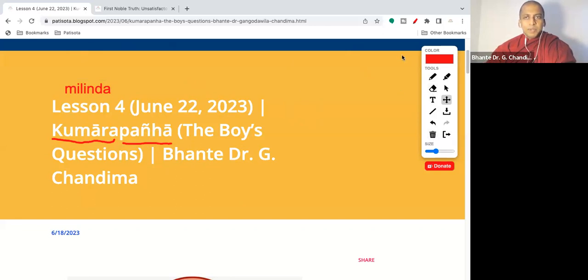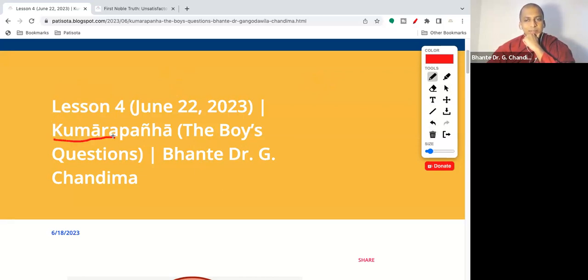Yeah, so Milinda Pañhā. That means Milinda's question. This is one of the books that we know in the Khuddaka Nikaya in some Theravada countries, but in the Theravada Pali Canon of Sri Lankan tradition, we don't count this book as part of the Khuddaka Nikaya.